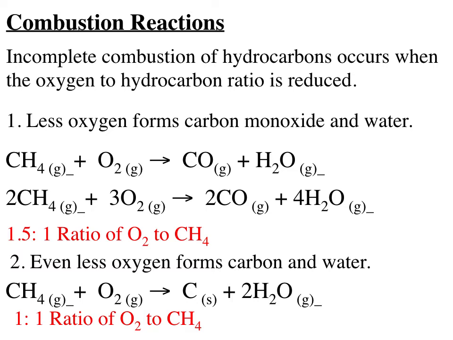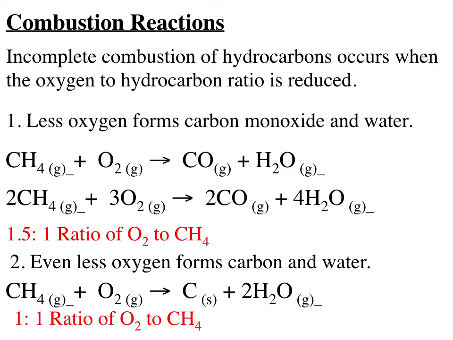And if you ventilate the reaction correctly, you put the maximum oxygen to fuel ratio, and you will get the complete combustion. If you don't ventilate the reaction as well, you'll have a lower oxygen to fuel ratio, and you can get either one of these two forms of incomplete combustion.